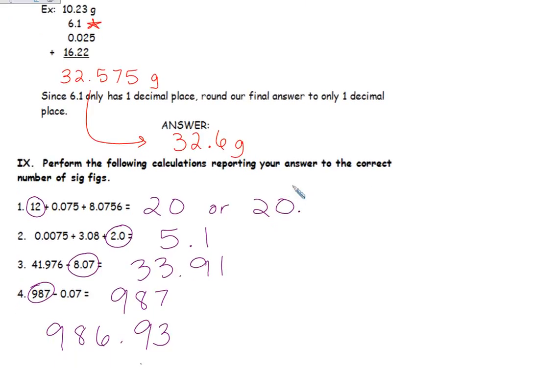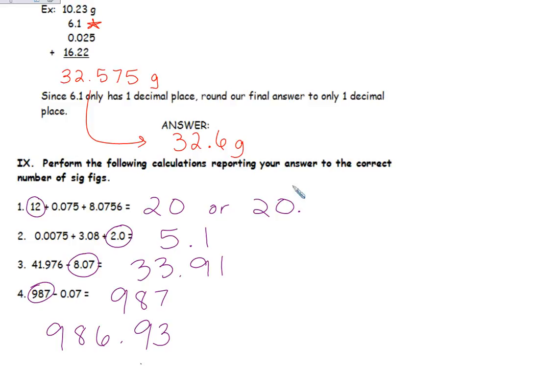So again, here are some examples down at the bottom. In number 1, if you have a whole number, I guess like in number 1 and number 4, then you just plug it in your calculator and you leave it to the nearest whole number. Now in number 1, I wouldn't go crazy if you put the decimal spot or not, as long as you didn't have anything after the decimal spot.